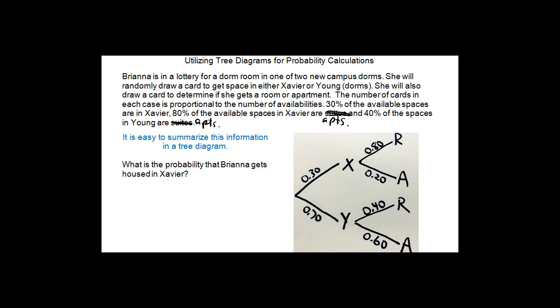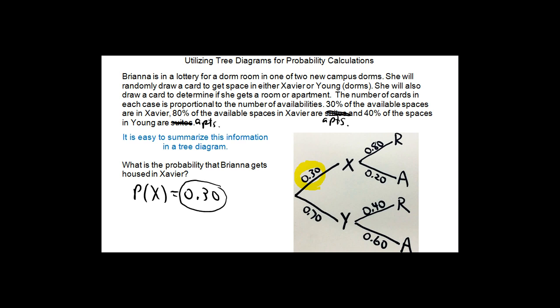And I do want to give you just various questions that could be asked about this situation. So let's ask something really simple. What is the probability that Brianna gets housed in Xavier? Well, that's so simple once you get the tree diagram set up that you simply have to look on the tree diagram and realize the probability that Brianna gets housed in Xavier is 0.30.